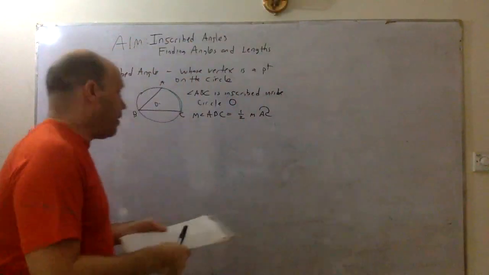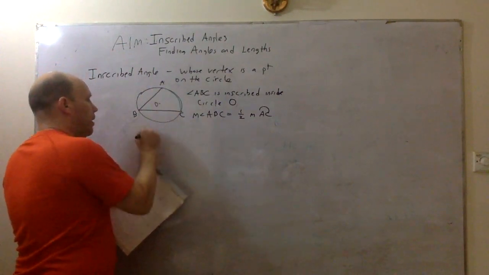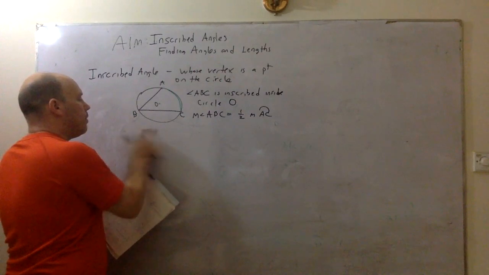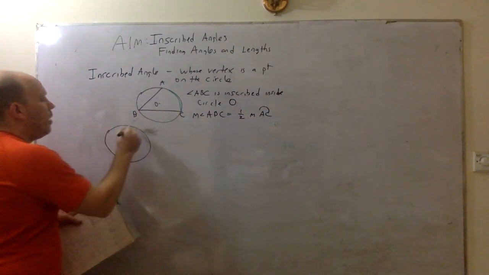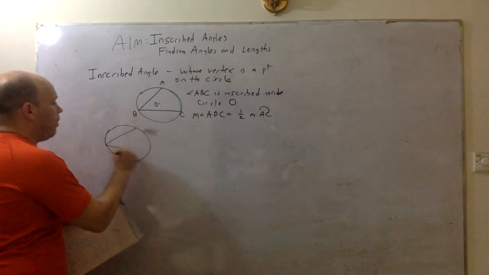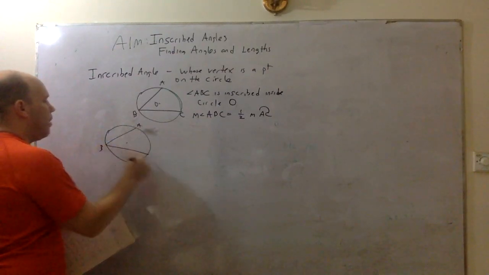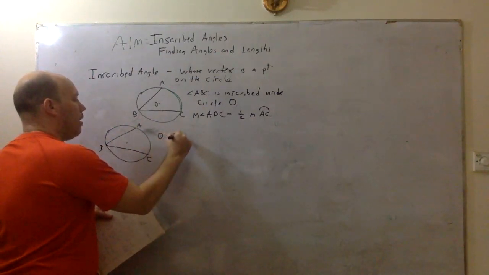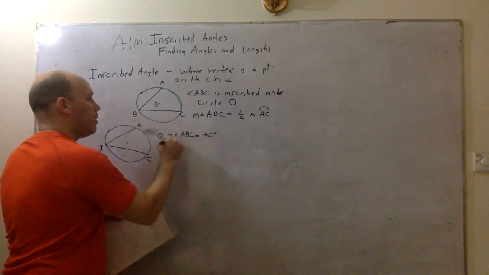A couple of things. The inscribed angle is half. So here's a question they give you. They give you a circle, and they say here's the inscribed angle. For example, question number 1, the measurement of angle ABC is equal to 40 degrees.